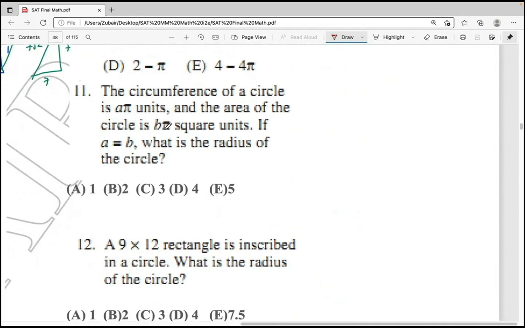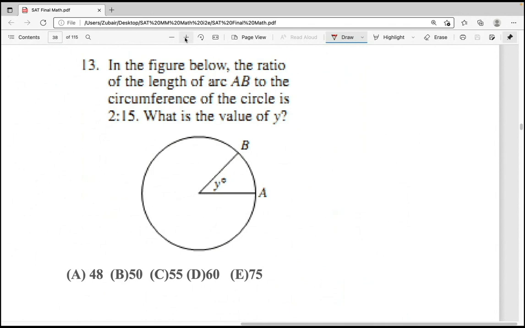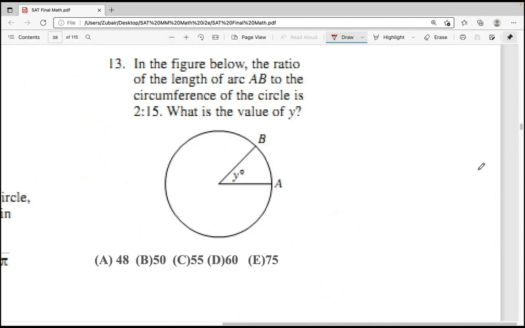We'll go ahead. And number 13. That's also ratio and proportion. Wait, so is it 48?